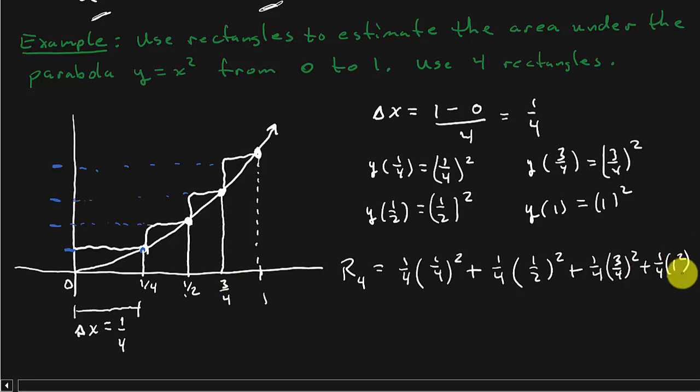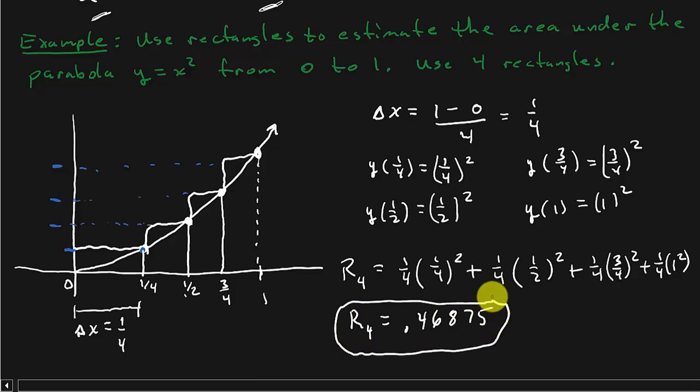Make sure I can fit it all on the screen. And then once we punch that into our calculator, we get 0.46875. And there's your area.